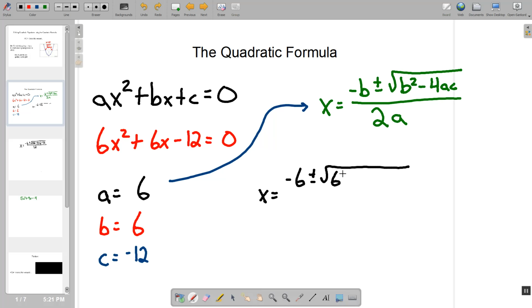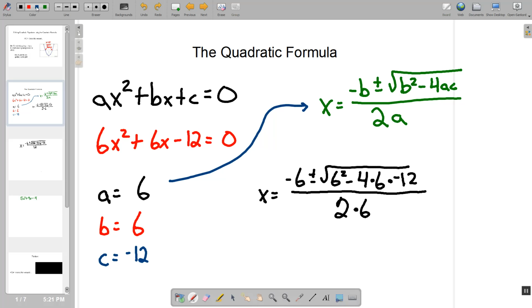Well, that would be 6 squared, or 36, minus 4 times a, which is 6, times c, which is negative 12. And it's really important to have a couple negatives under here, because if we create a negative square root under here, we've actually made a big mistake most of the time. All over 2 times a, which is 2 times 6.